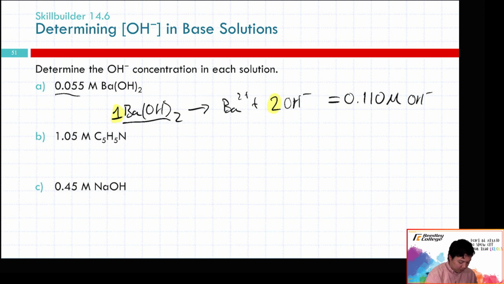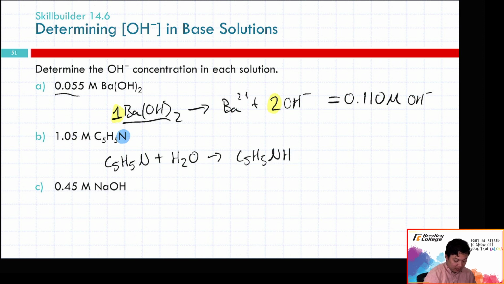And I talked about before on the second problem, we have a nitrogen. I believe this is pyridine. So we're going to have our pyridine, C5H5N, plus H2O, because we're making these indirectly, giving C5H5NH plus OH minus.